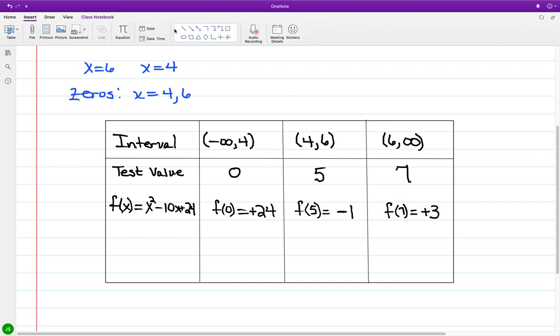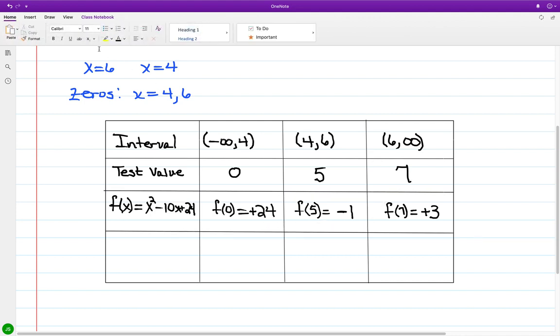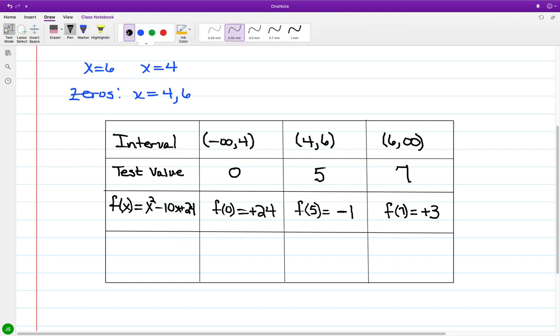Now, looking at what we have at this stage, for the determination of the sign values, I have the sign of f of x. Anything we plug in for x that is less than 4, the result is going to be a positive value.